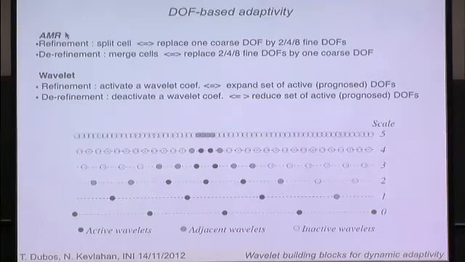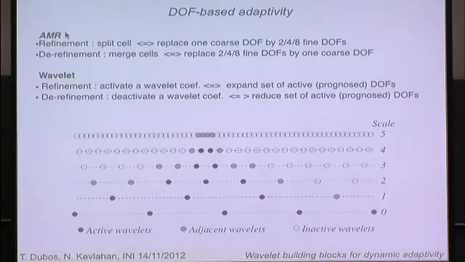So in AMR, I can replace this operation of splitting a cell by an equivalent operation on degrees of freedom, which is replacing one coarse degree of freedom by a number of fine degrees of freedom which are contained in the cell. And conversely, when I merge cells. So now I can think of refining and derefining in terms of adding or removing degrees of freedom.